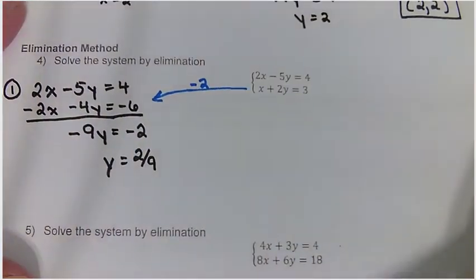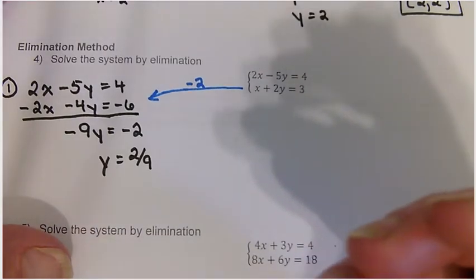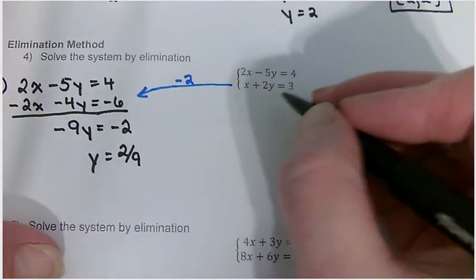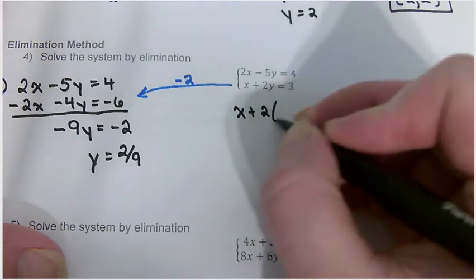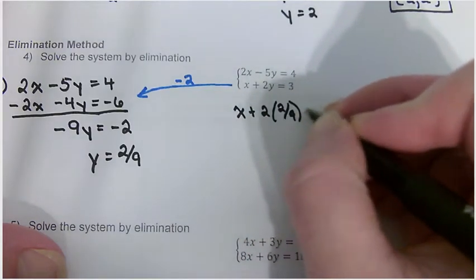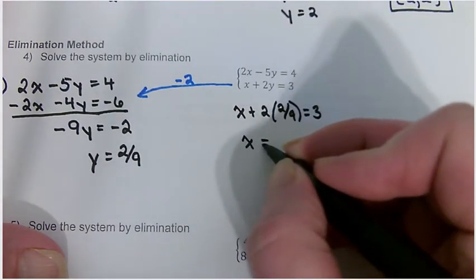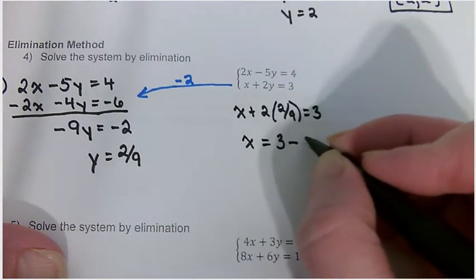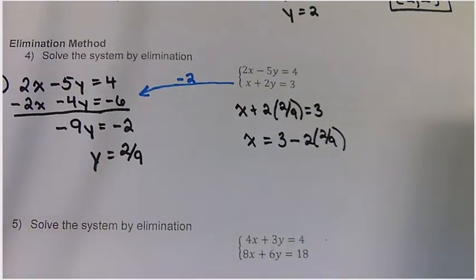Now all I have to do is plug it back in to find the other one. And it doesn't matter which equation I pick. I think I'm going to go with the second one. X plus 2 times 2/9 equals 3. Give you a trick here. X equals 3 minus 2 times 2/9. And then I can just use the calculator.